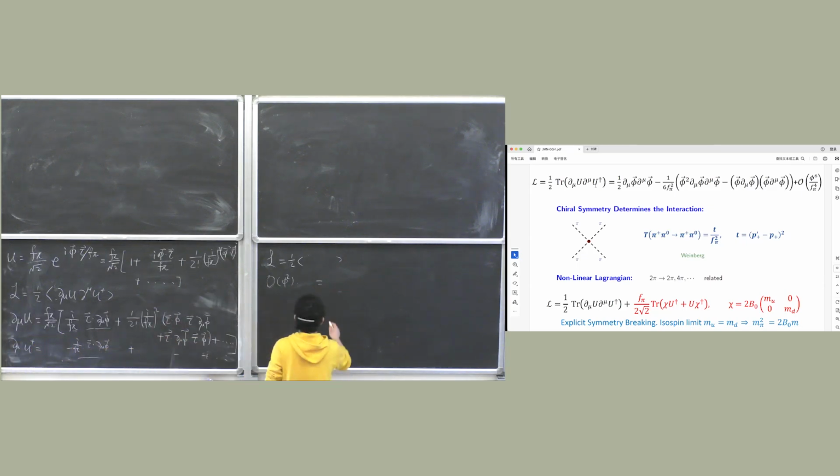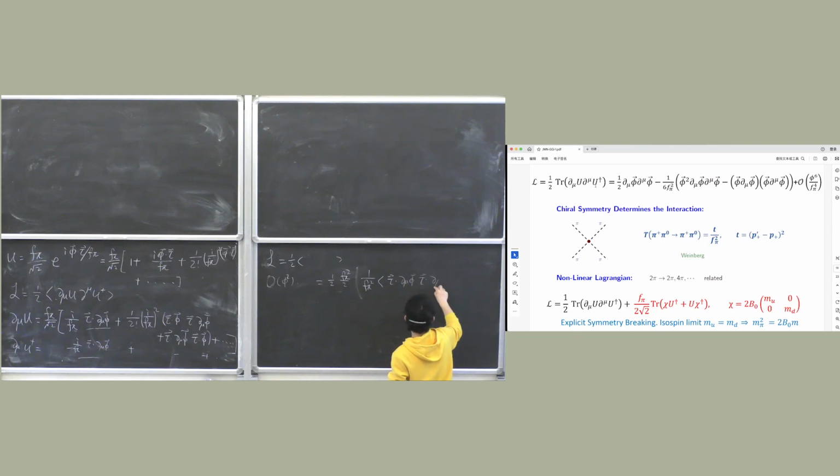So it should be f pi squared over 4... we take the trace of tau times partial mu phi and tau times partial mu phi.